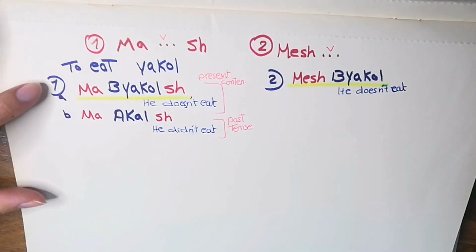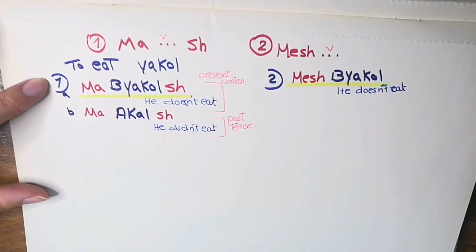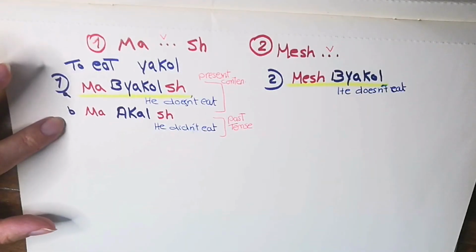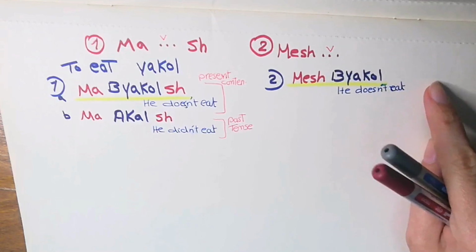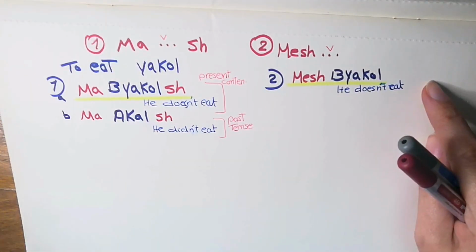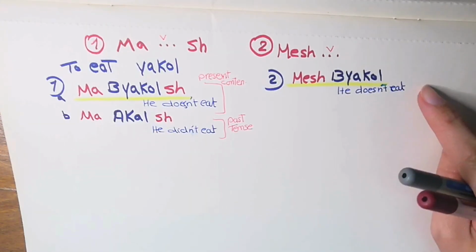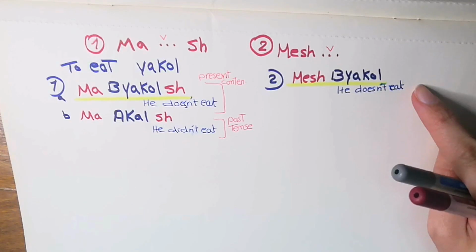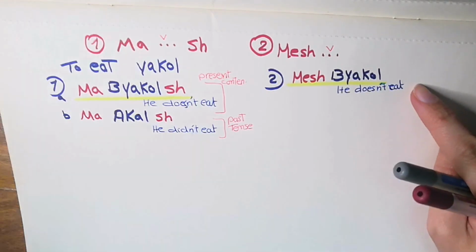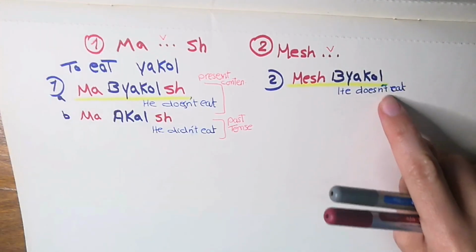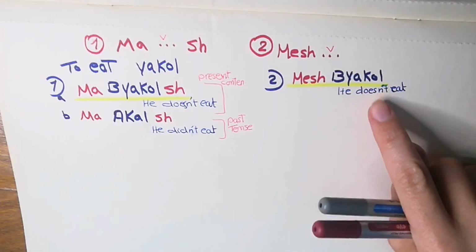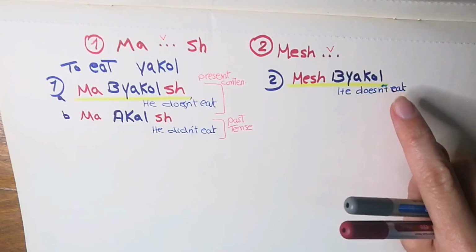The first form can either be used with the present continuous form, ما بياكلش, or the past tense, ما أكلش. The mish form can only come with the present continuous form of the verb. Sometimes, it's very rare, but you may come across this when you are in Egypt or talking to an Egyptian person, and they would use this form mish with the past tense of the verb.